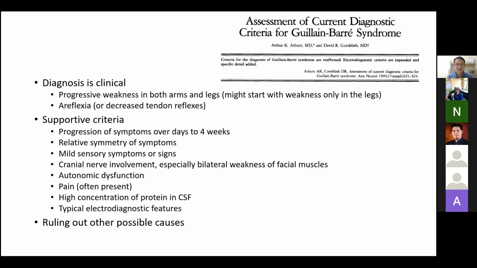If someone comes to you with progressive symptoms, continued deterioration over 8 weeks, 1 month, 2 months, or even more than that, you know that this is more likely not Guillain-Barré syndrome, because naturally they will peak at about 4 weeks.